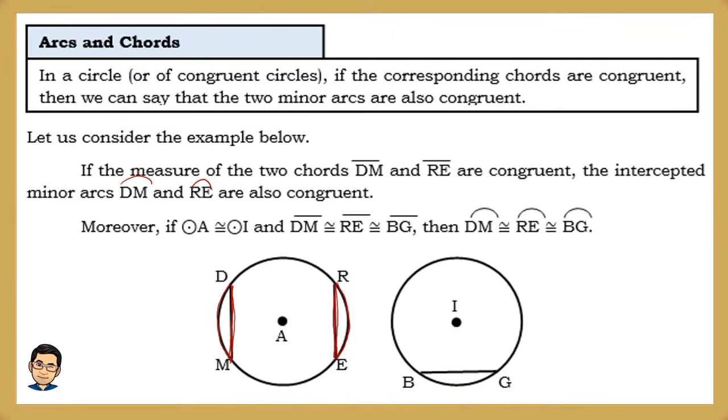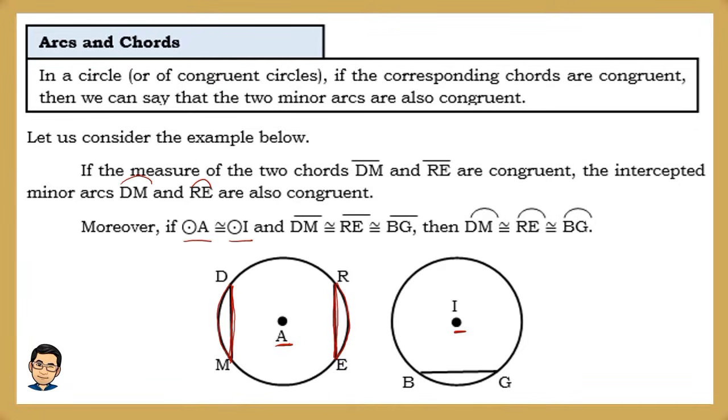So, if the two circles are congruent, circle A and circle I, and DM is congruent to RE is congruent to BG, then arc DM is congruent to RE is congruent to BG.